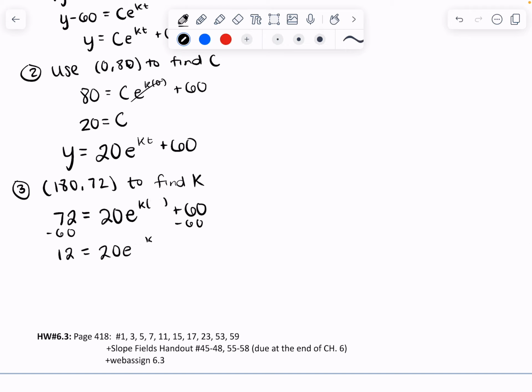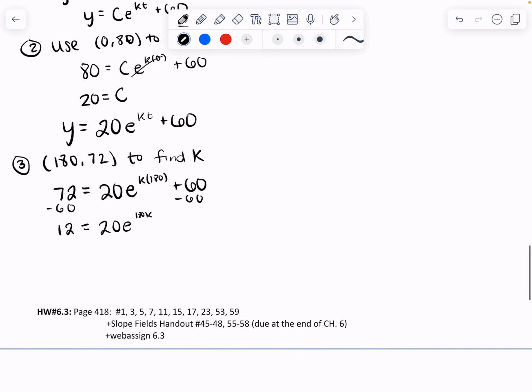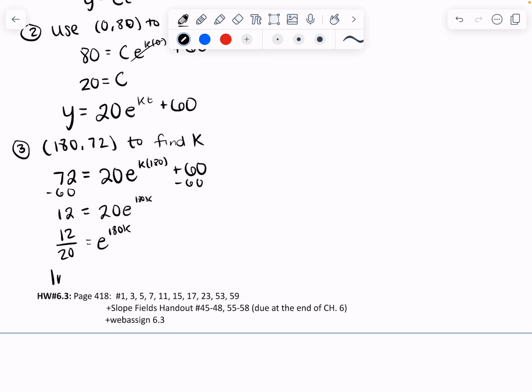This is 180. Okay, divide both sides by 20. We get 12 over 20 equals e to the 180k. And then little natural log action. And so k is natural log of 12 over 20, or simplify it, divided by 180.